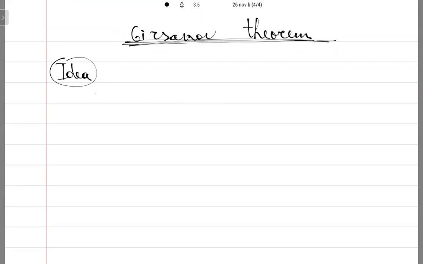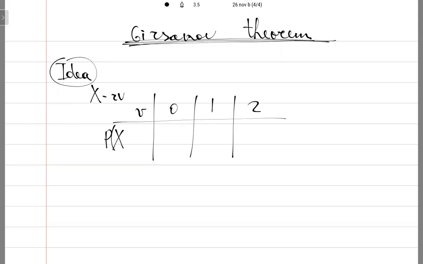Imagine a random variable X is just a random variable. Values are 0, 1, and 2, and the probabilities that X is 0, 1, 2 are, let's say, 0.4, 0.1, 0.5.